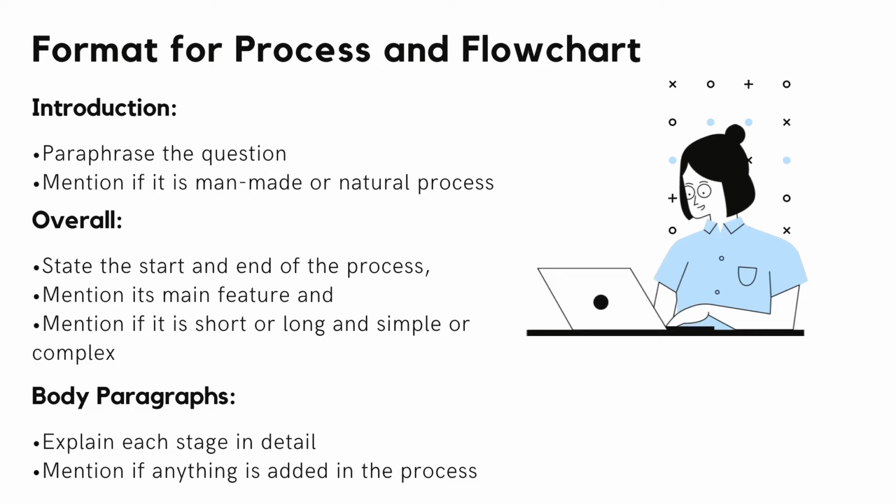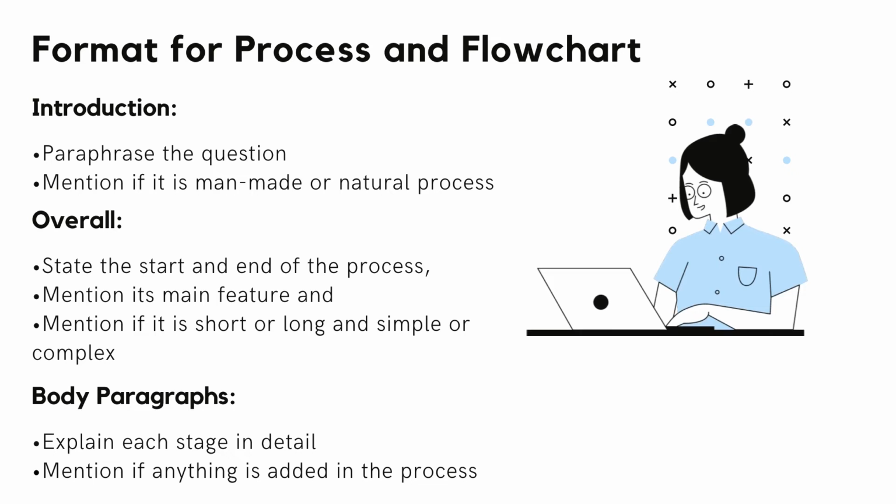After this, we shall write the overall. In the overall, you will firstly state the start and end of the process. That means you will mention the starting and ending point of a process. Then you should mention its main feature.